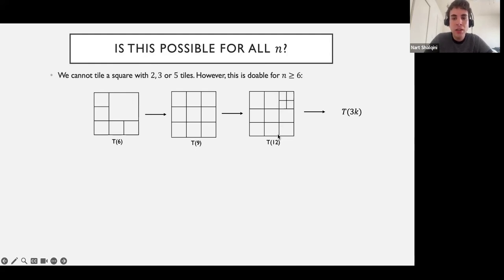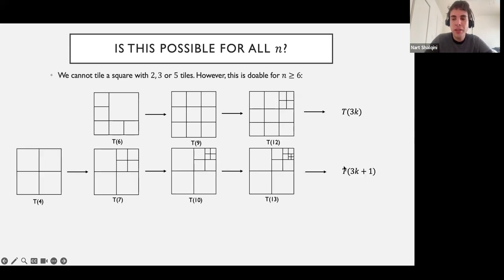If you want to cover the case when n is divisible by 3, you start with a tiling of 6 squares, and I chose this particular one. Then you subdivide one of the squares into 4 squares, removing the bigger square and adding 4 small squares. So you'll be adding 3 squares in total. If you start with 6 and keep adding 3s, you'll have all multiples of 3 covered.